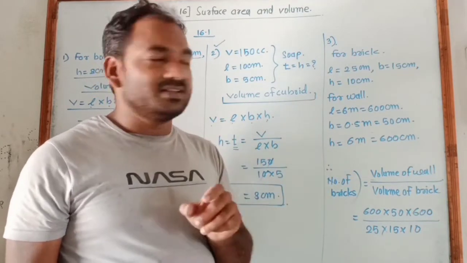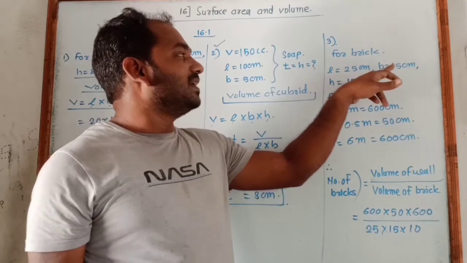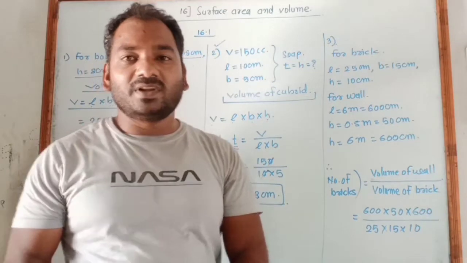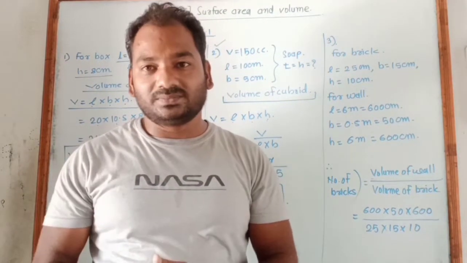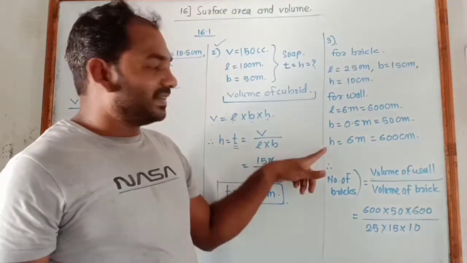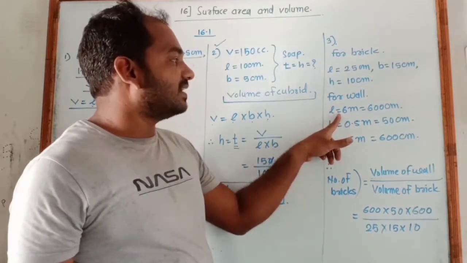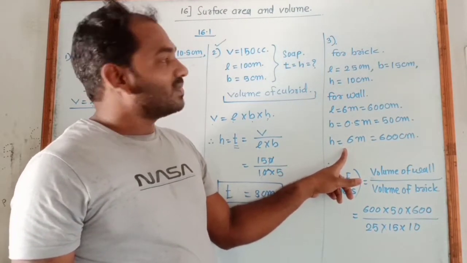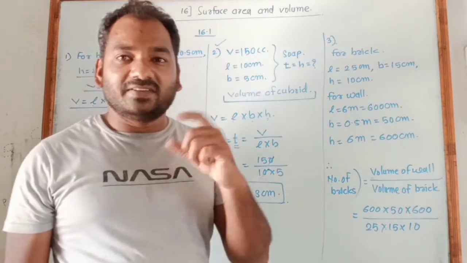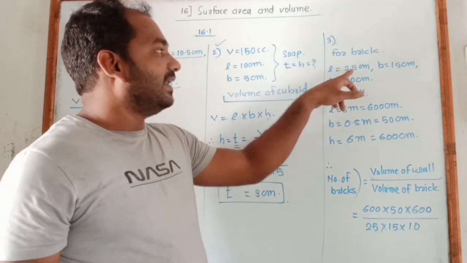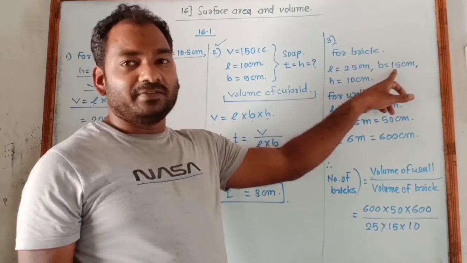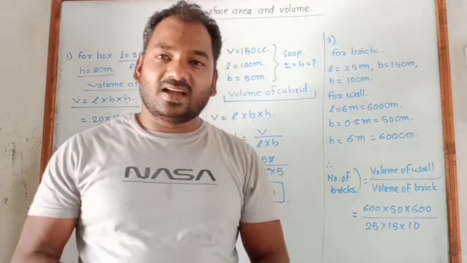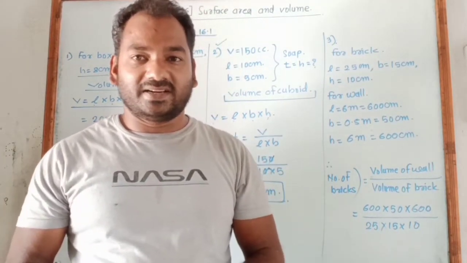If we have a brick of length 25 centimeter, 15 centimeter width and 10 centimeter height, then how many bricks are required to construct this wall? We have to build a wall whose length is 6 meter, breadth 0.5 meter and height 6 meter. See what size of brick is given: length 25 centimeter, breadth 15 centimeter and height 10 centimeter. So how many such bricks are required to construct the wall is what is asked here.